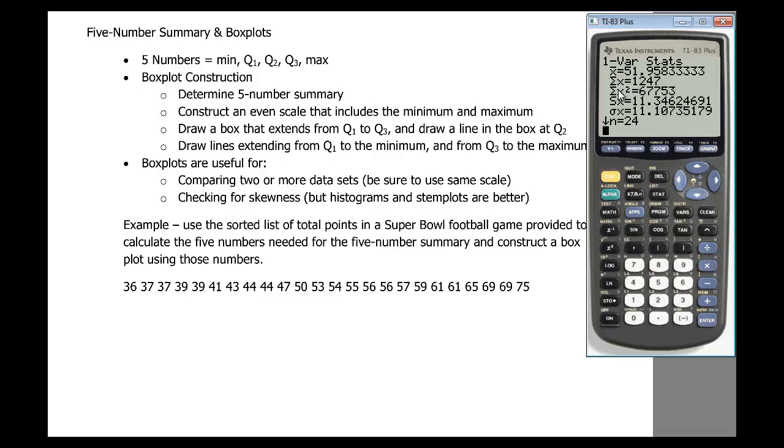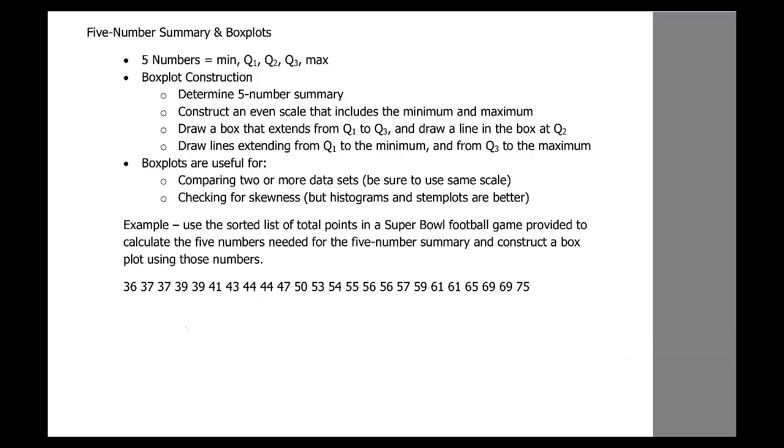And here's the mean and standard deviation that we learned about before, but if we scroll down, here's our 5-number summary: minimum, quartile 1, median, which is quartile 2, quartile 3, and maximum. So let's just write down these numbers so that we have them for later.